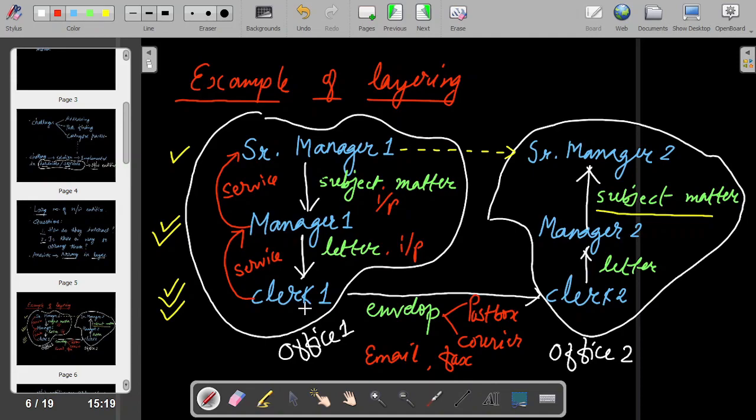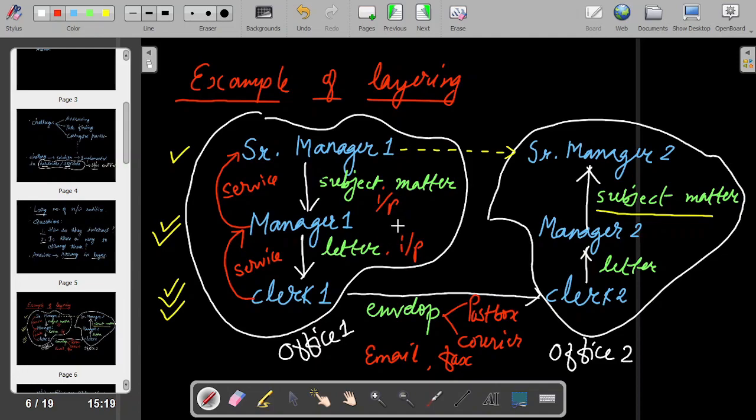So the point to note is that clerk 1 can change the mode of communication without even manager 1 knowing it. It may happen that clerk 1 sends first letter through post and then in future the second letter is sent by courier. As long as both the letters reach the other office, manager 1 has no issues.